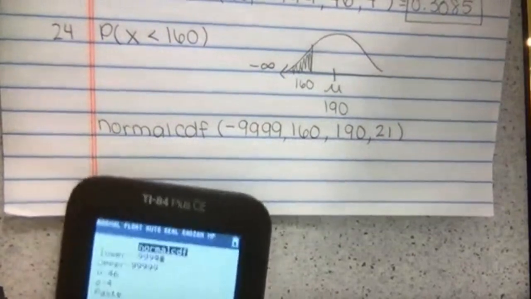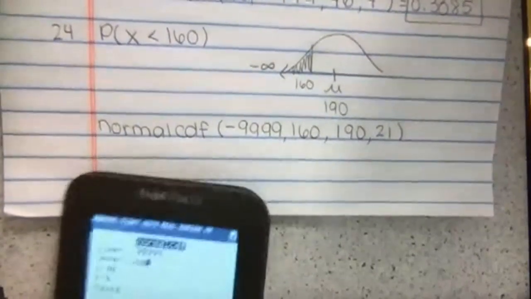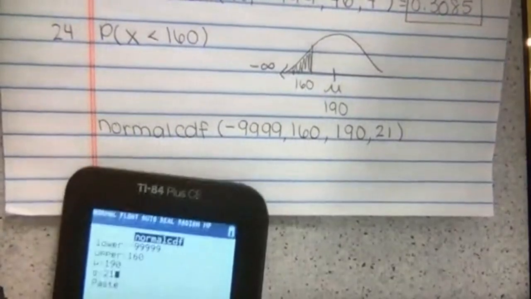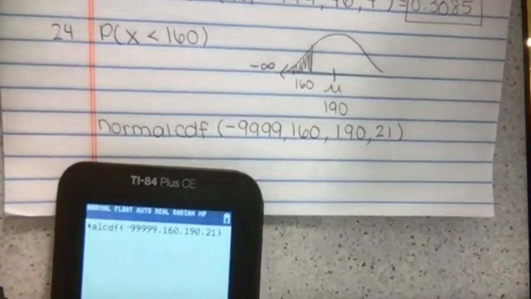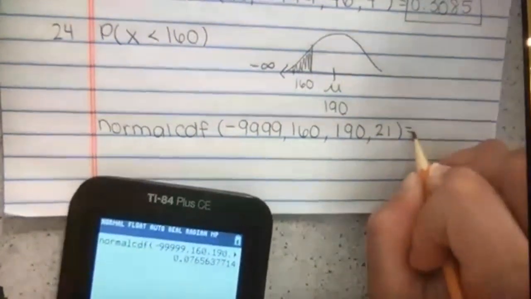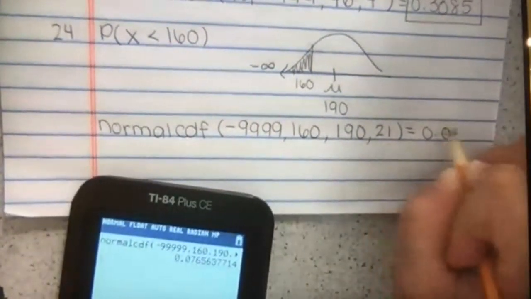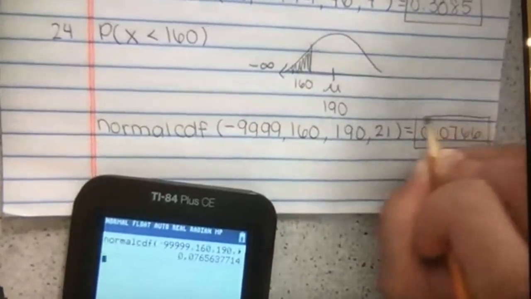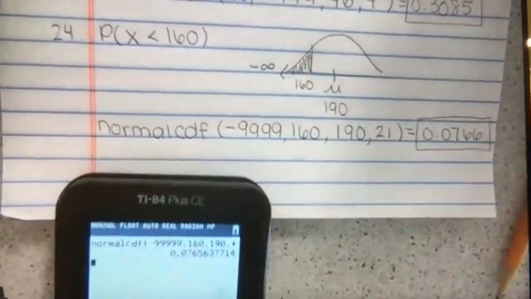Lower limit negative 99999, upper limit 160, mean 190, standard deviation 21. And there's our area, there's our answer, 0.0766.